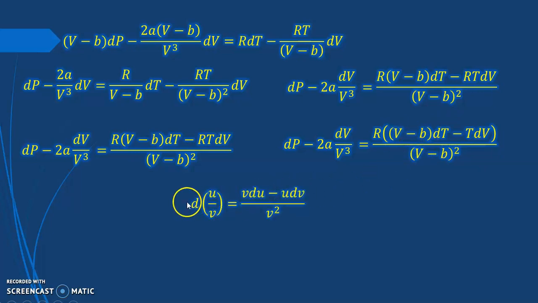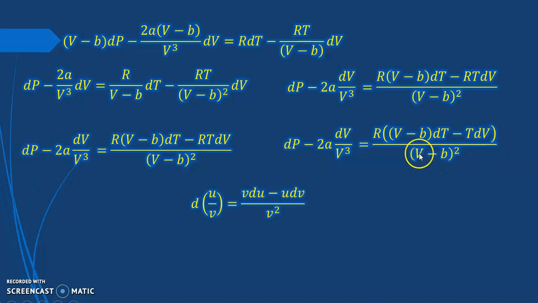For example, if we have the differential of a quotient, we'll get the denominator times the differential of the numerator minus the numerator times the differential of the denominator, and all of that divided by the denominator squared. This is exactly the case that we have over here.